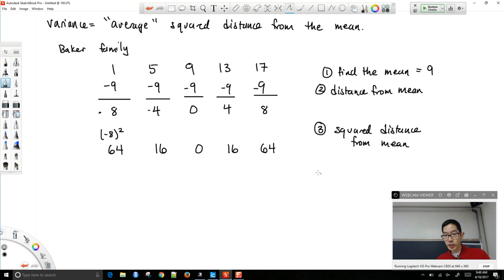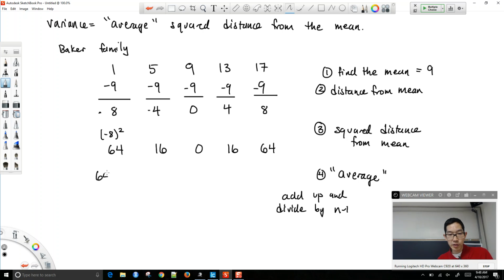Now we want to get the average. I put average in quotes because normally to get the average, or the mean, you would add them up and divide by n. What we're going to do here is add up and divide by n minus 1, and that will give us the variance.